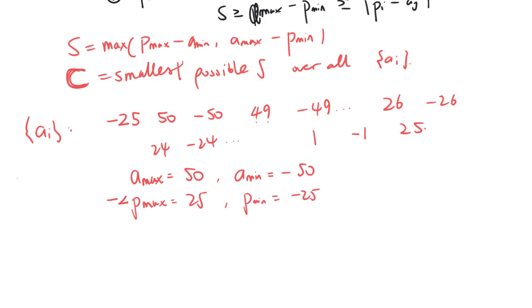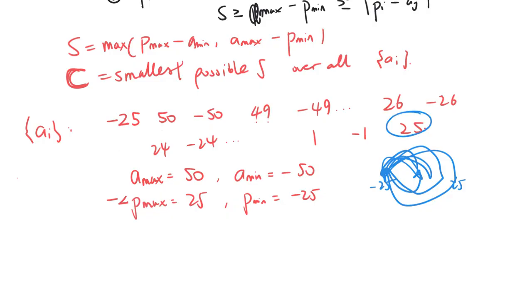So to visualize this, if this is 0, we jump to negative 25, and then we jump to 25 by adding 50, and we go back, and we jump to 24 and back, and so on. We just keep jumping back and forth, always ending up back at negative 25. And then in the very end, at this 25, we'll be back at 0. So this is what the sequence looks like, and if you take S over this, we have S is equal to 75.